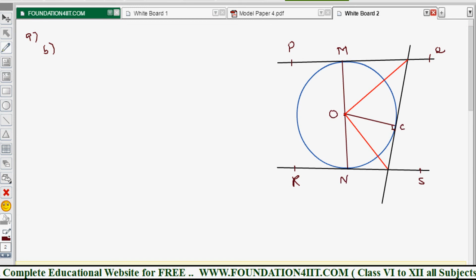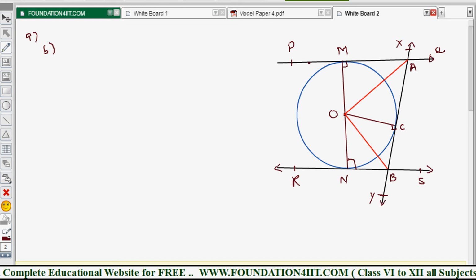It's touching at C, so this is also perpendicular. These are the perpendiculars because the radius and tangent are perpendicular to each other. Then this is AB. We take this tangent as X and Y. So we have three tangents to this one circle in this diagram.